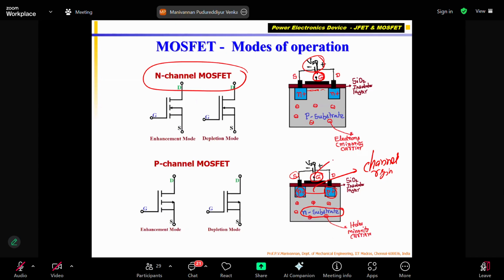Now, if I give a negative voltage, minus plus, this is my VGS. Please see that the minus of the control signal VGS is connected to the gate, and the positive is connected to ground. That means if I vary this from 0 to, for example, minus 5 volts, that is minus 1 volt, minus 2 volts, minus 3 volts, like that, then holes will be attracted.